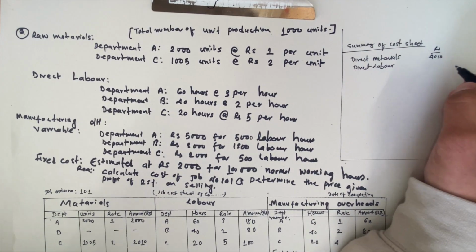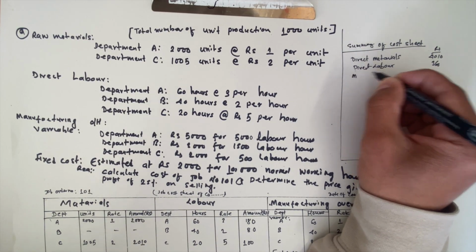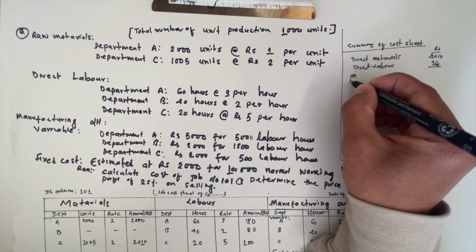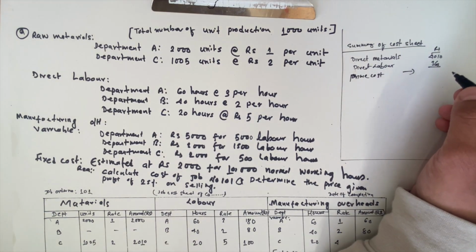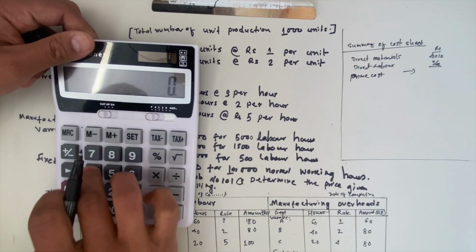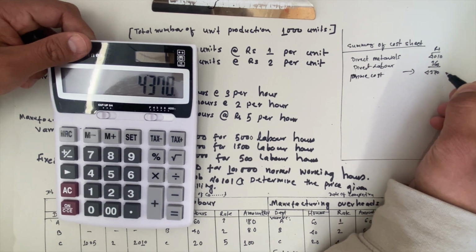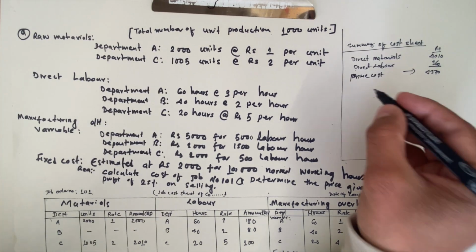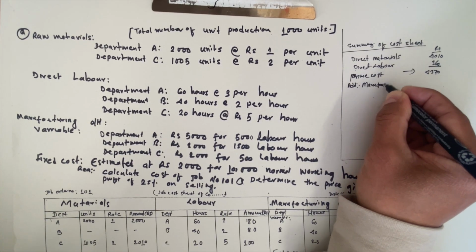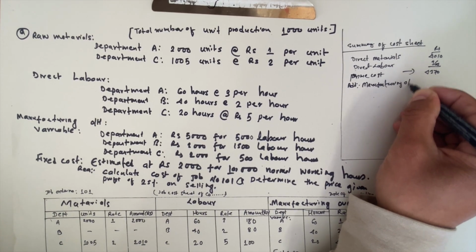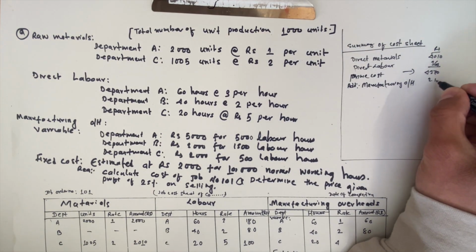Direct labor is 360. These two are known as prime cost. So 4010 plus 360, you get value as 4370. Then we add manufacturing overhead. Manufacturing overhead is 244.